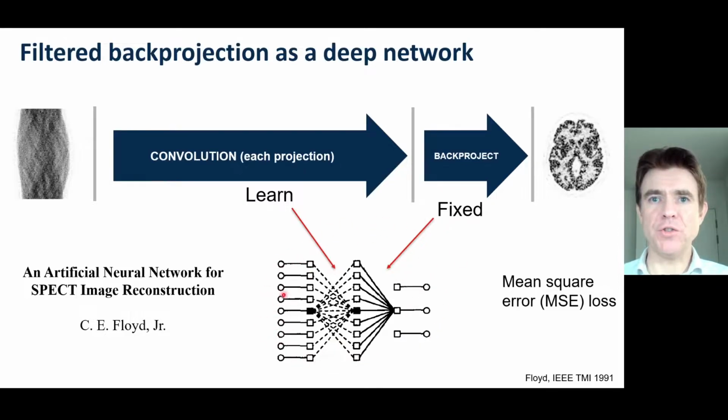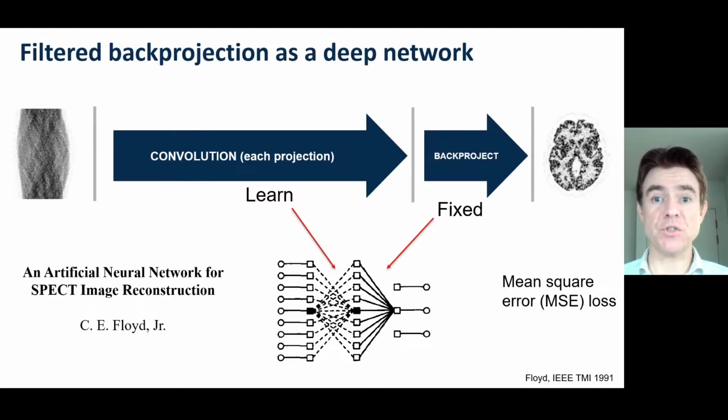But just to show that this is effectively the architecture proposed in that 1991 TMI paper, or it was quite a short article, where in fact he was just looking at the mean square error loss between his current reconstruction, based on a current estimate of the kernel parameters, and the known target, which I think was for reconstruction of a point source image.